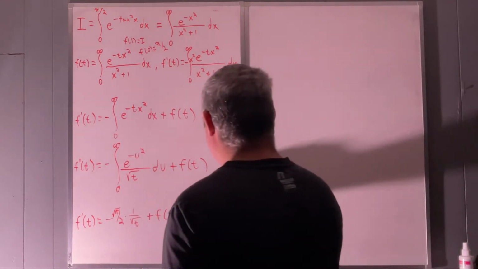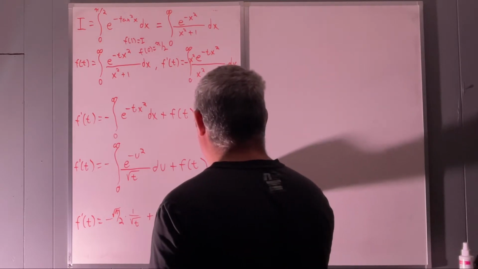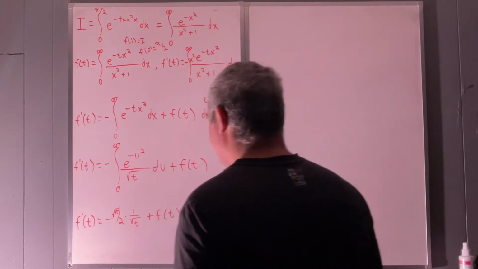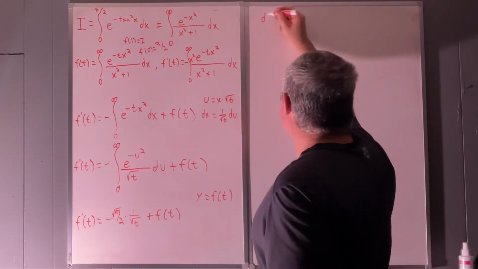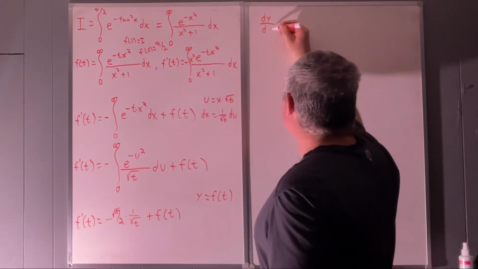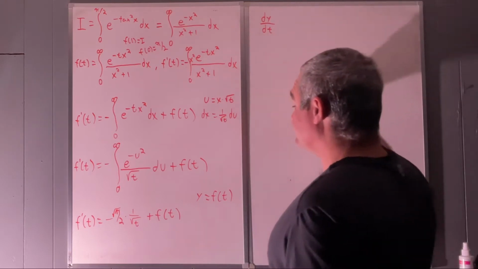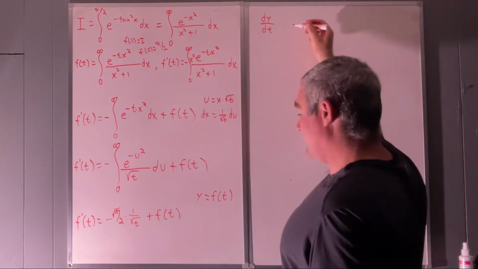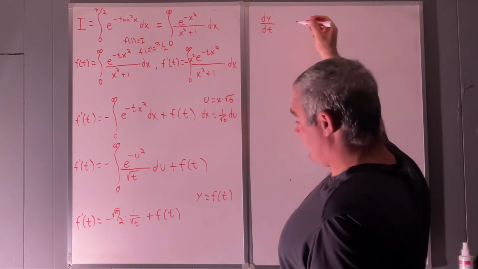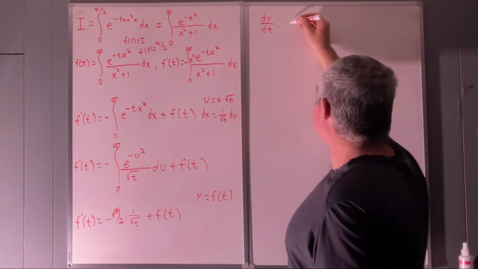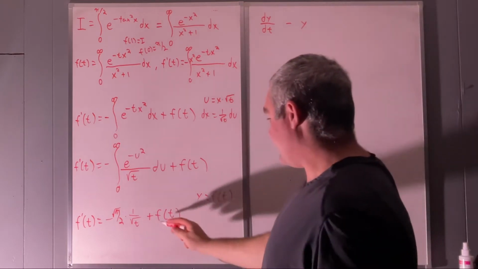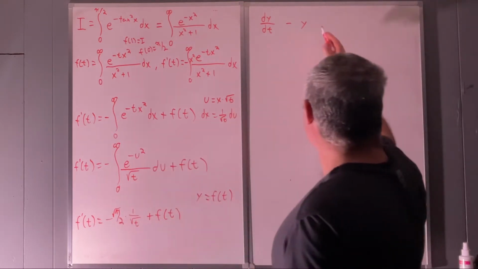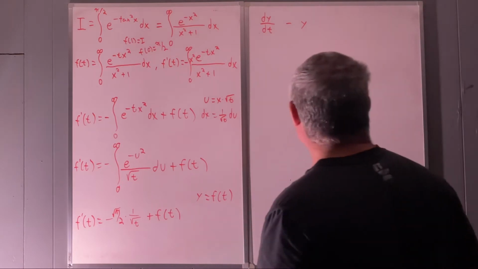And then we're going to say that y is equal to f of t. So we can just rewrite it this way: dy/dt, and then let's just go ahead right away and subtract our f of t. We'll bring that to the other side as a y, because y is equal to f of t.